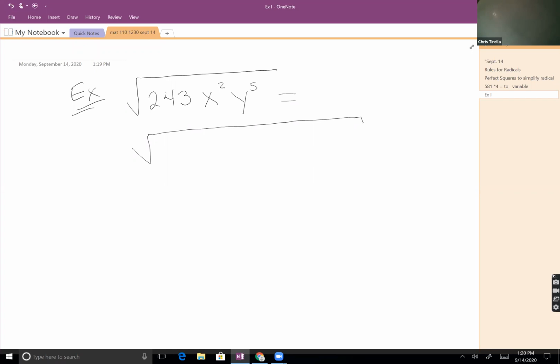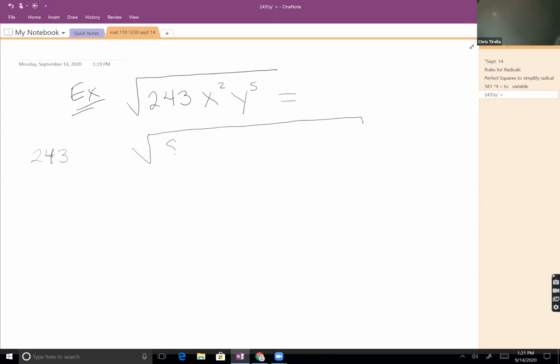Did anybody come up with two numbers? One a perfect square that goes into 243 evenly. Any ideas? 81 and 3.